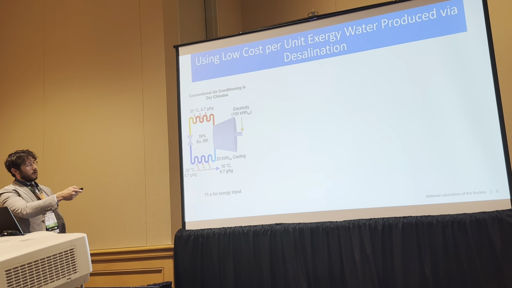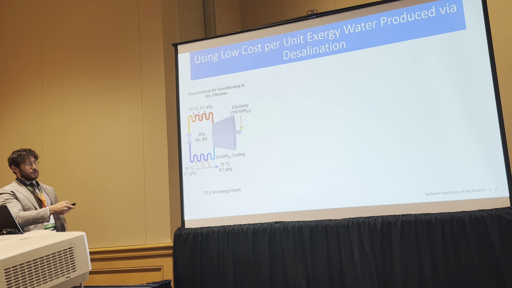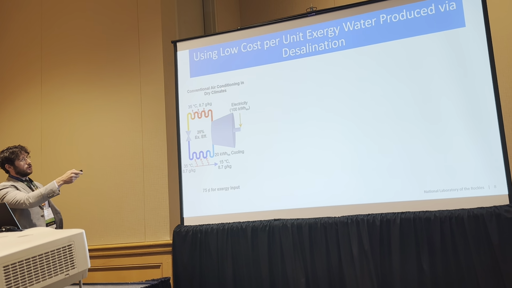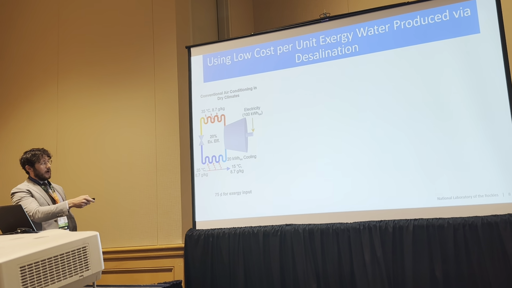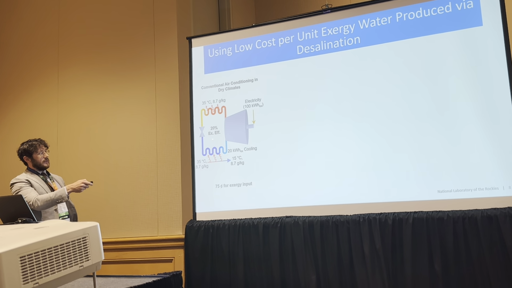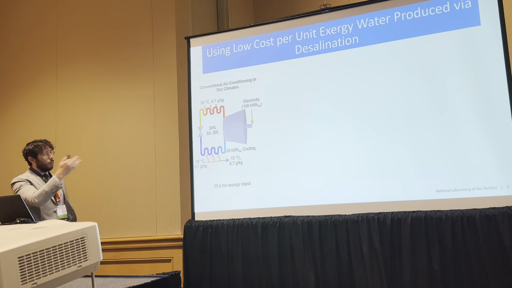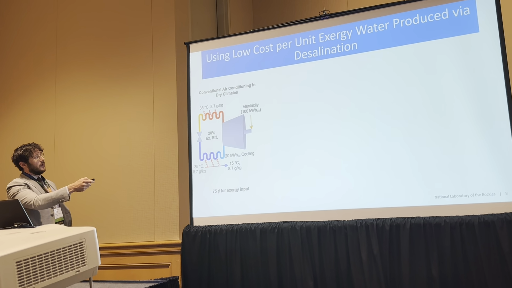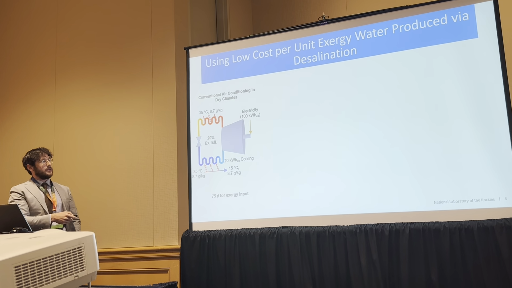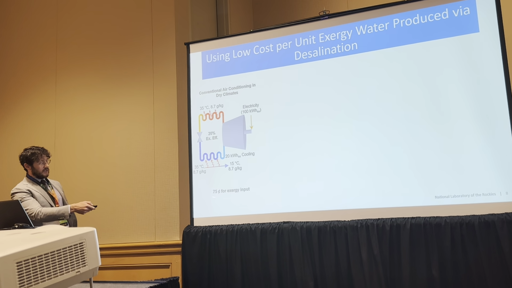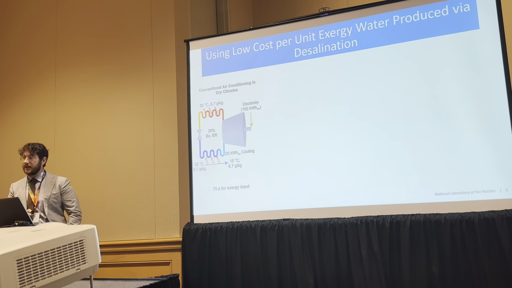I've modeled 20 kilowatt hours of exergy for cooling, and based on the ambient conditions, so this is a dry climate, and the air that we're trying to cool, I found that this particular vapor compression cycle would be 20% exergetically efficient when you're using an air-cooled condenser. So you'd need 100 kilowatt hours of exergy, and then just based on the cost of electricity, I said, okay, so that's 75 cents for the exergy input in this case.